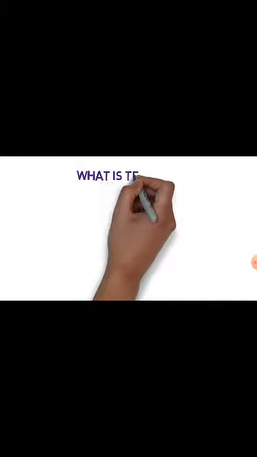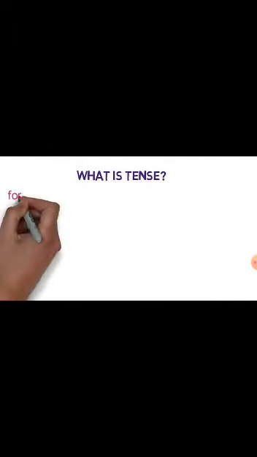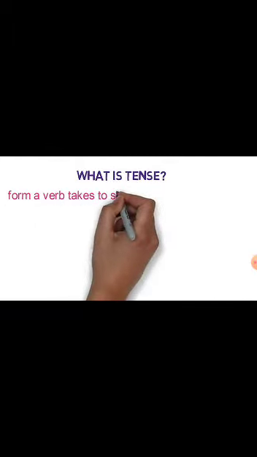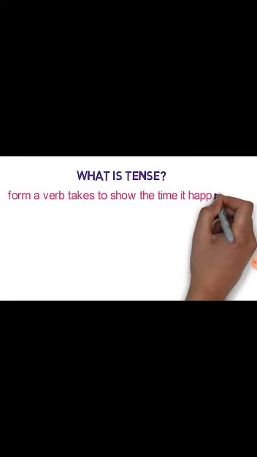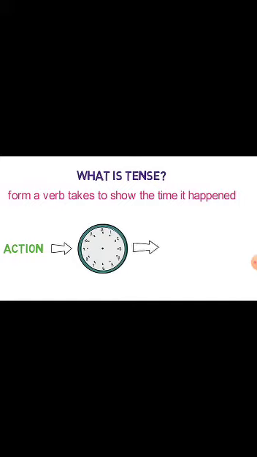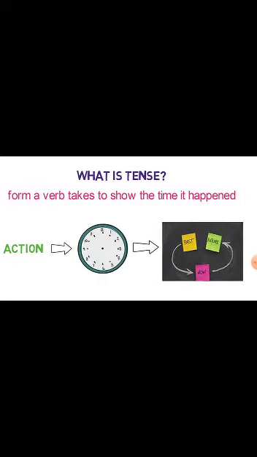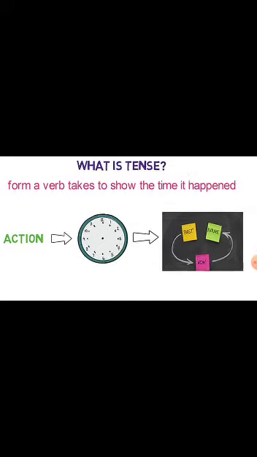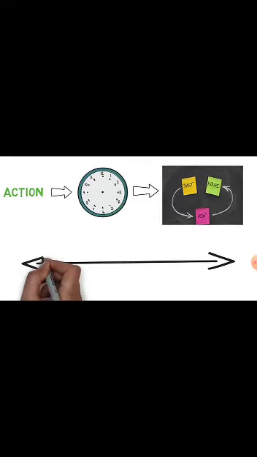What exactly is a tense? Tense is a form a verb takes to show the time it happened. It describes when any action happened with respect to time. Now, the time the action took could be past, present or future. Consider this timeline.